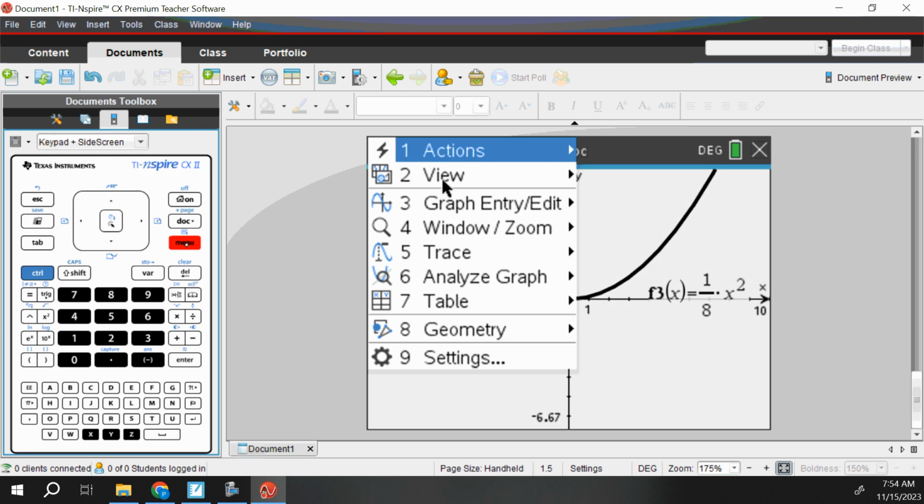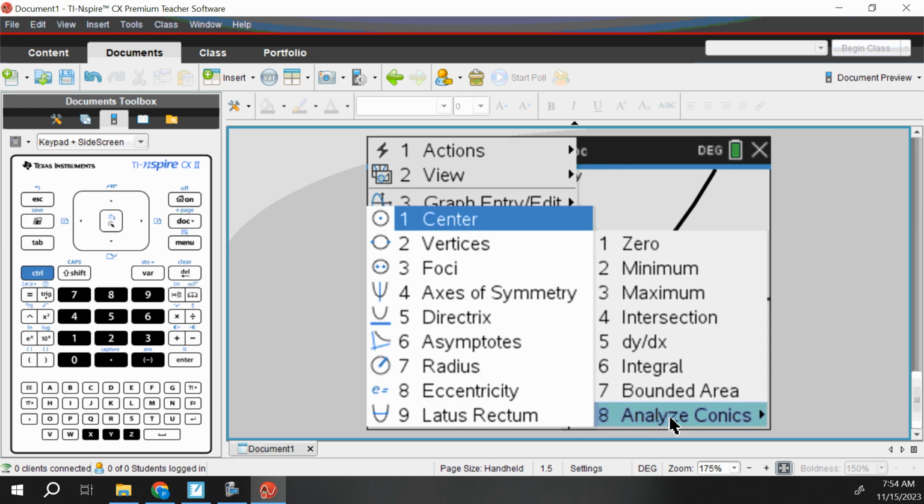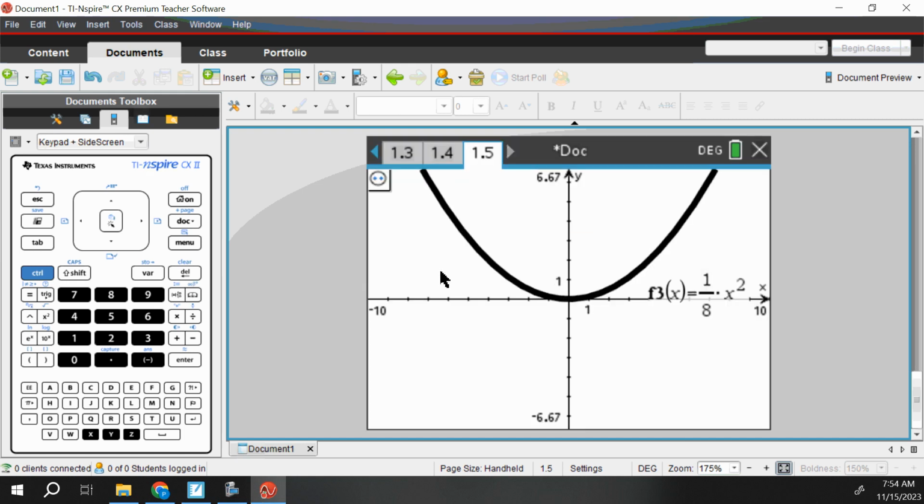You can go Menu, Analyze Graph, Analyze Conics, and notice number 3 says foci. Okay, the singular of that would be focus. Select foci. We have to touch the graph we want to find the focus of. So touch our parabola and notice the point 0,2 showed up. So that means that the equation that we found, its focus is 0,2, which is consistent with what the question wanted. So that part of it's good.